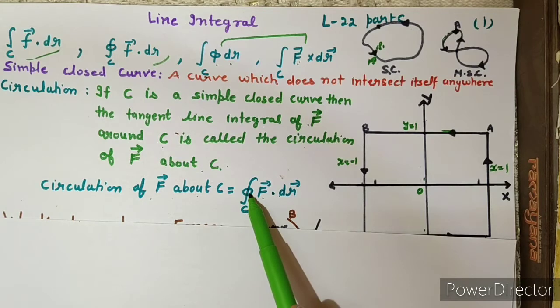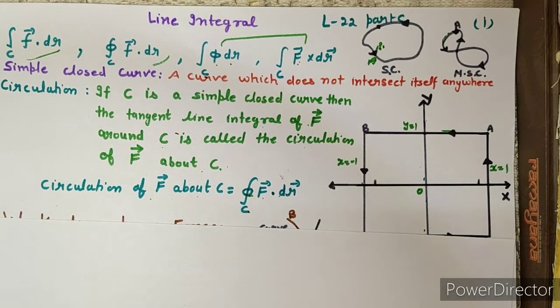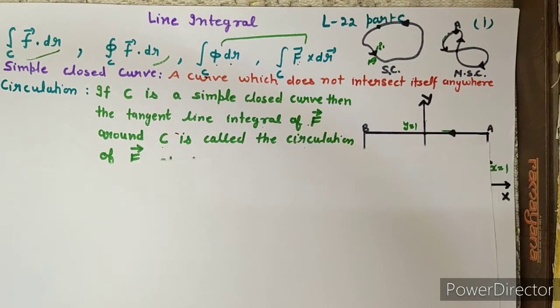It indicates that your integral is on the closed curve. Your C is a simple closed curve. Got the point? Now let us take the example based on circulation.